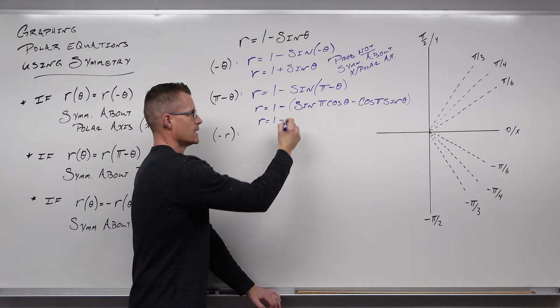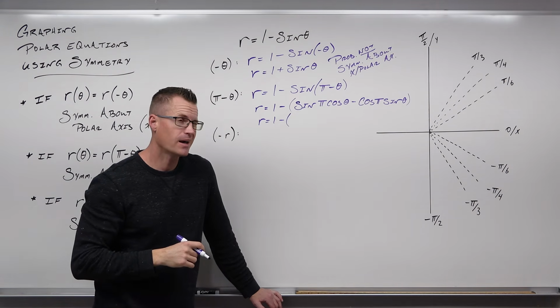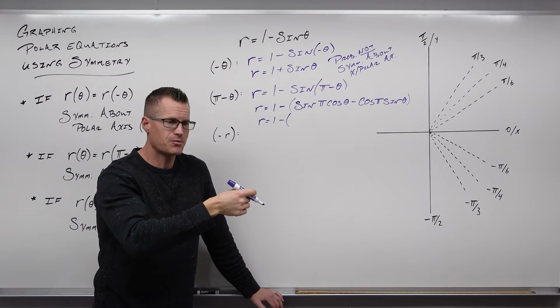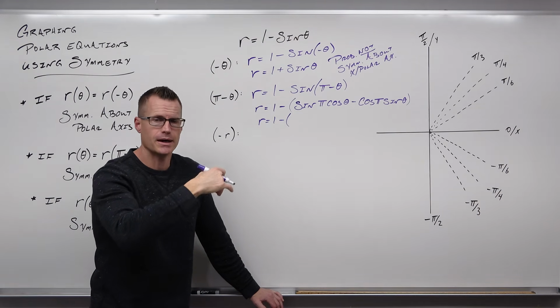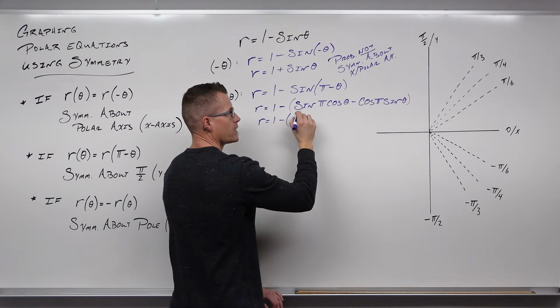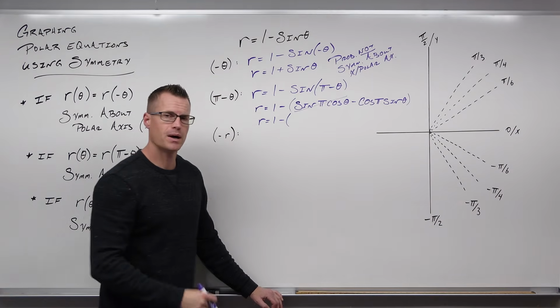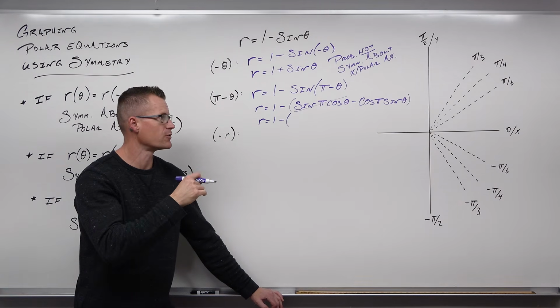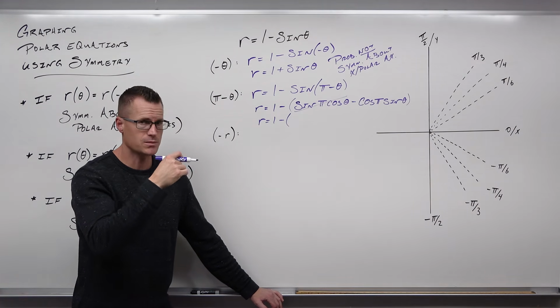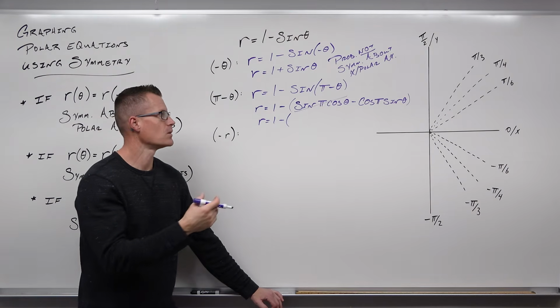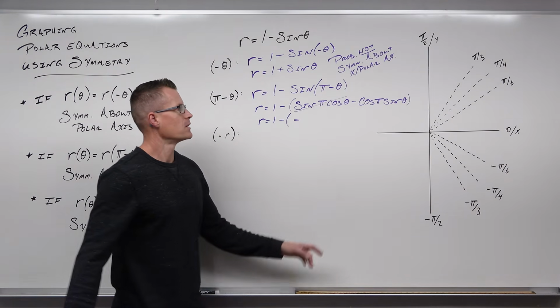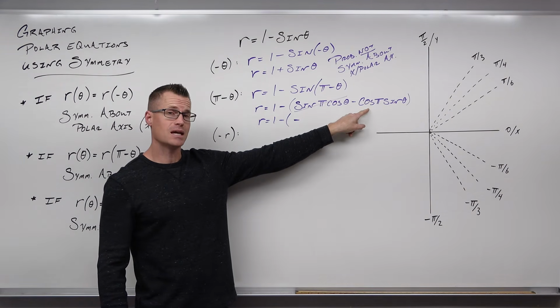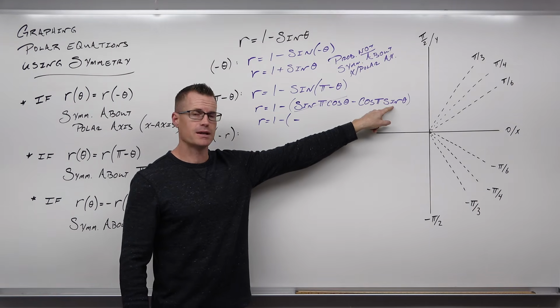So sine of pi, oh my gosh. Sine of pi is the y-coordinate at pi. That's going to be 0. So this whole thing is gone. Sine of pi is 0. 0 times cosine, I don't care, is 0. Minus cosine pi is negative 1. Sine of theta is sine of theta.